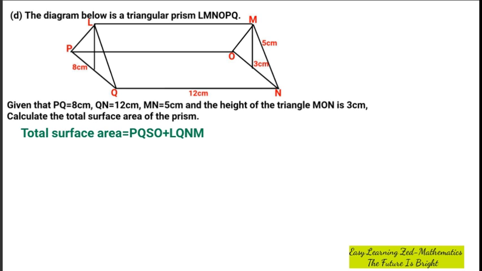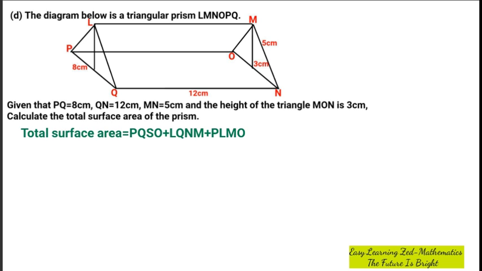Okay, then we have got two surfaces of triangles. So these two surfaces of triangles will put together to form one rectangle. So we can find the area of each triangular face, and then you multiply it by 2. That means we have found the area of a rectangle that can be formed by these two triangles.